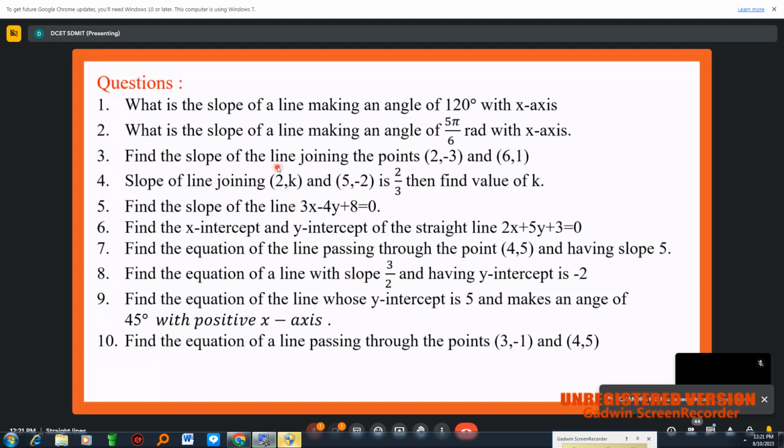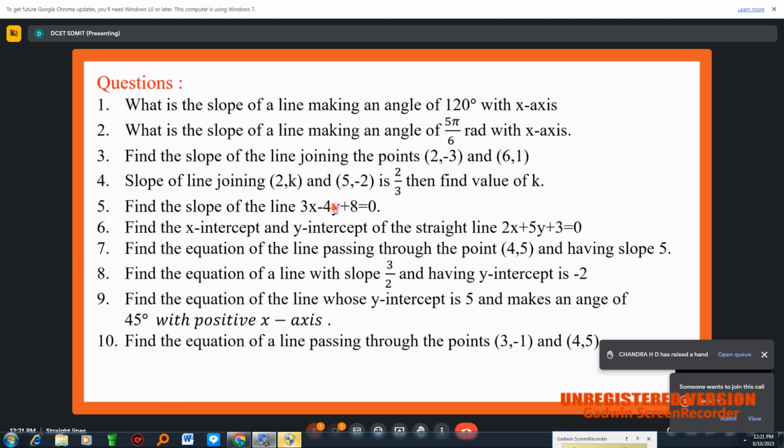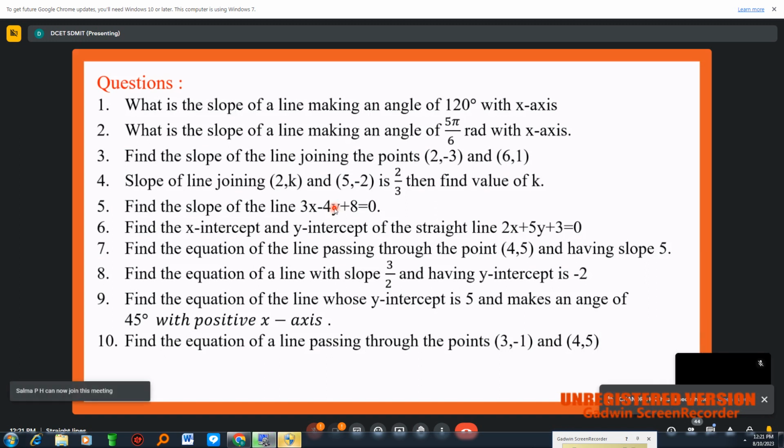Are you solving the others? Ma'am, eighth one, 3x minus 2y plus 4? 3x minus 2y minus 4.